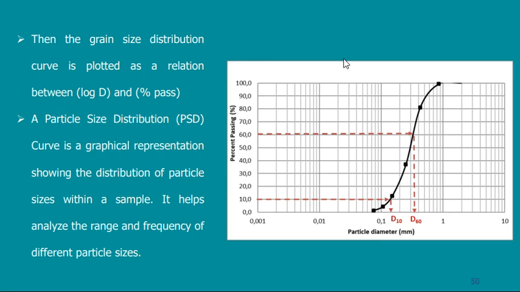So I will end up with a fully compacted sample. But if all the particles are the same, like the beads we used to play with, if you have a jar full of beads, you cannot compact it because you will still always have voids. But if you have very small beads and big beads, you will be able to compact.